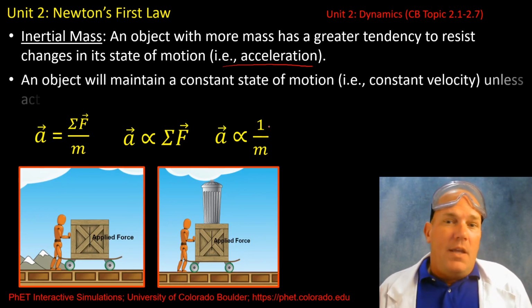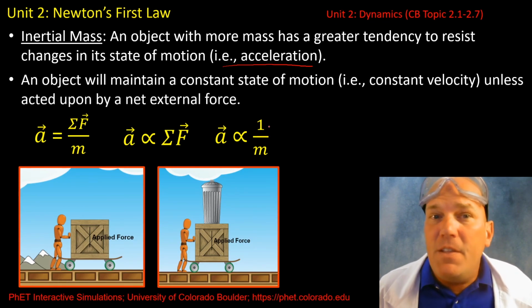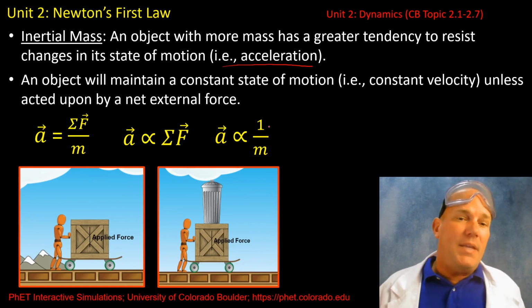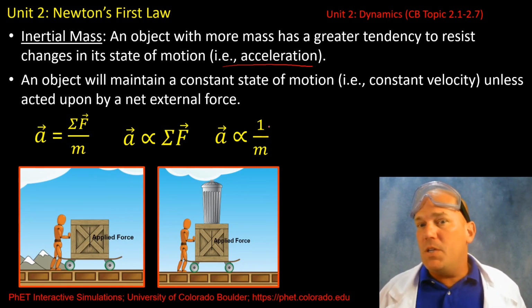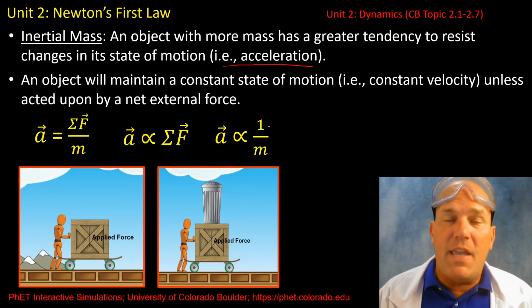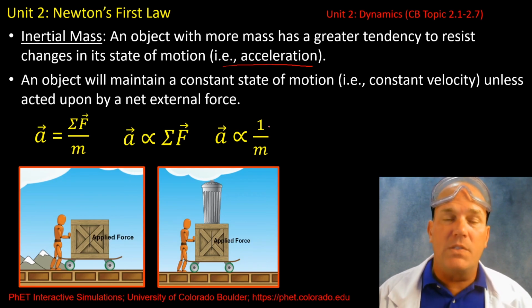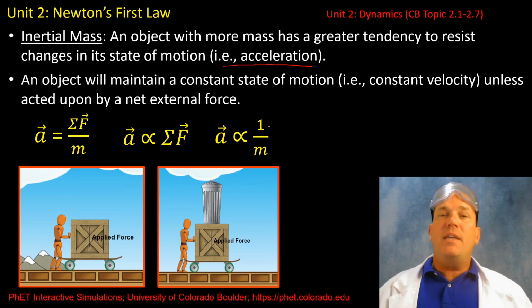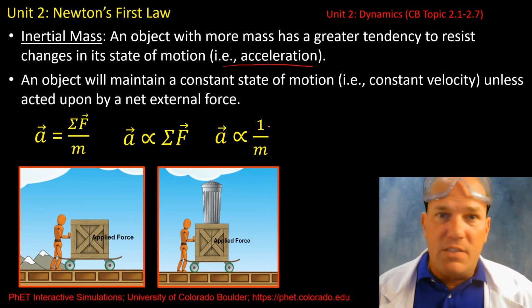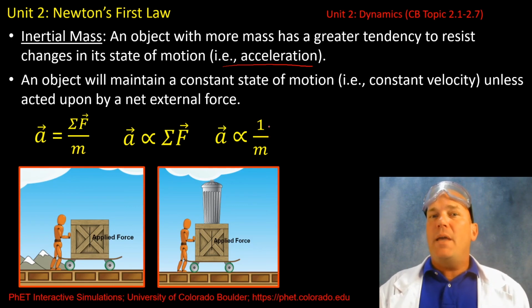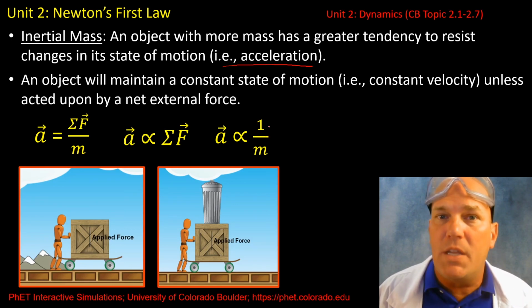This is basically the definition of Newton's first law: an object is going to maintain this constant state of motion, this constant velocity, unless there is a net external force, unless the forces, when summed, give a value other than 0 newtons.